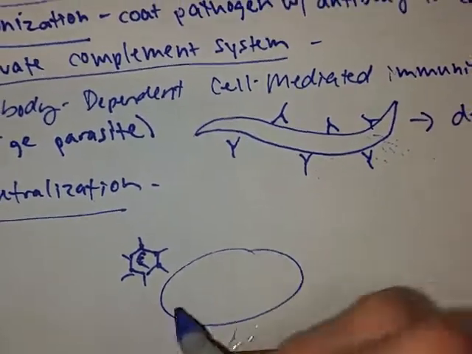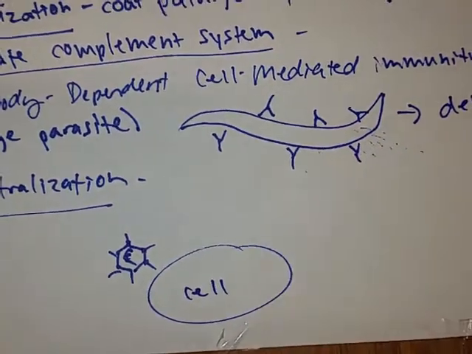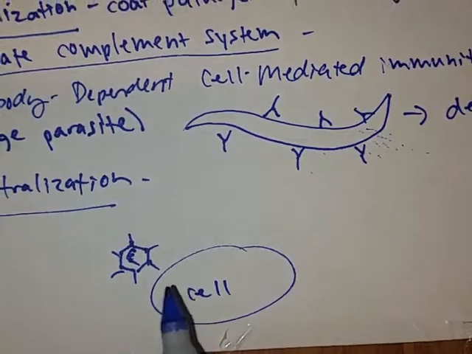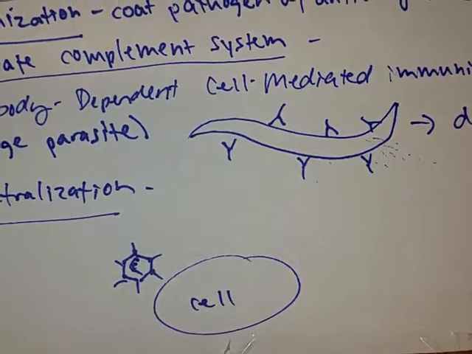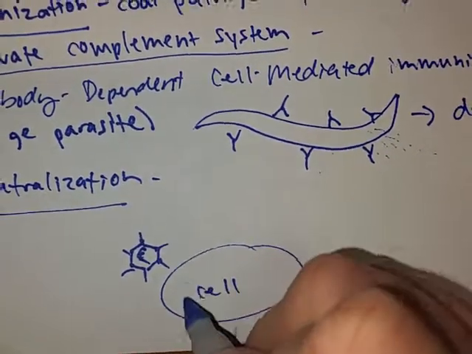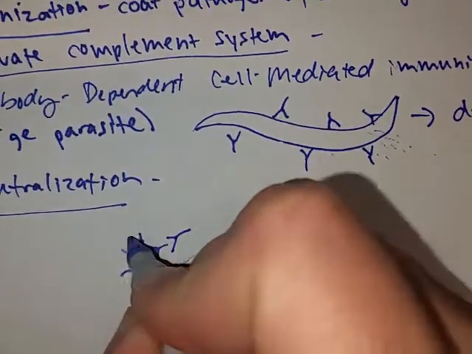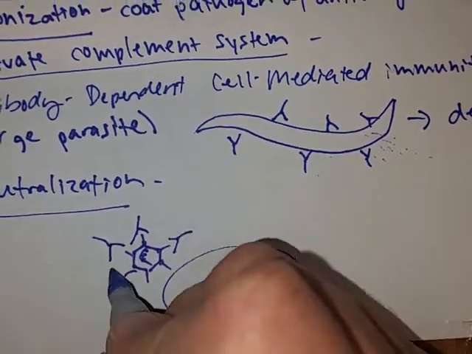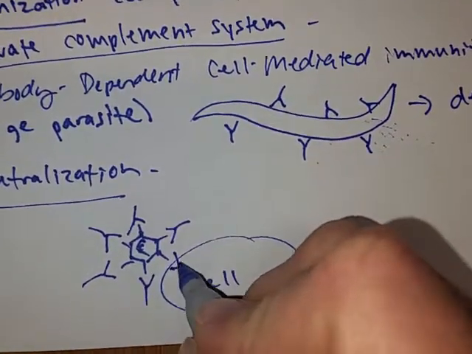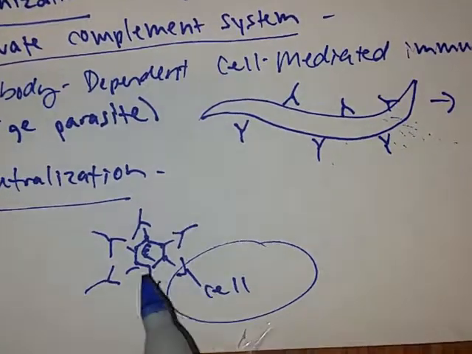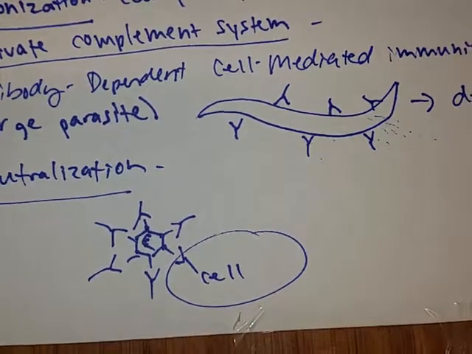What does the virus have to do to infect one of our cells? It has to attach to it, right? What if our antibodies coated this virus and it was no longer able to attach to the cell?